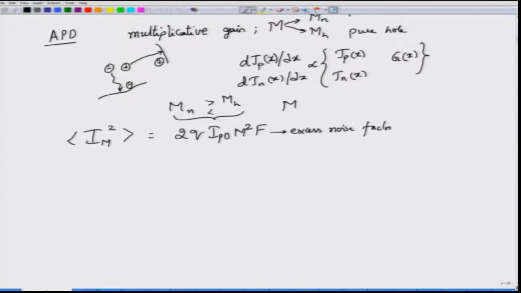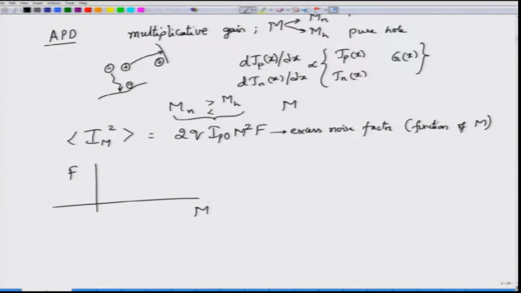Okay. So, this excess noise factor is actually a function of M itself. This makes our APDs a little more complicated, as their excess noise factor depends on M. If you look at the excess noise factor as a function of the multiplicative gain, you will see something like this.